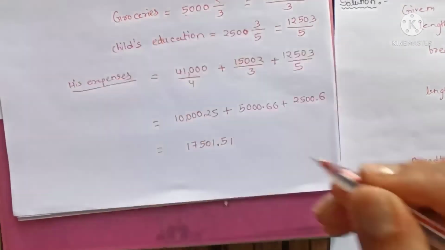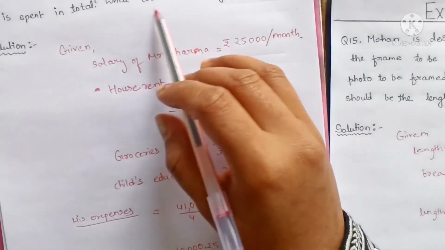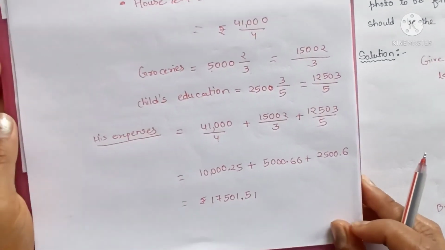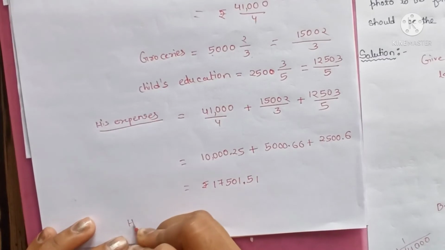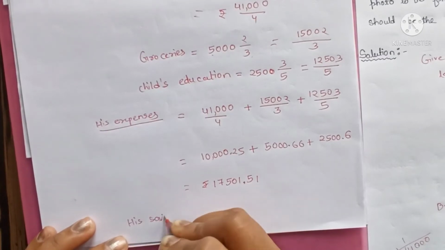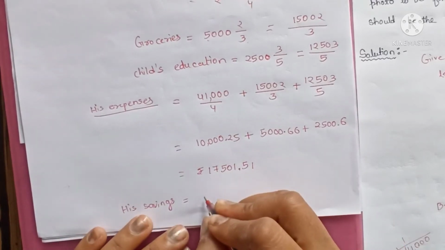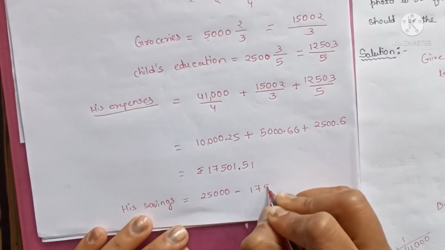Okay. So one more question is asked here. What are his savings? That means after spending the money, how much money is he saving per month? So these are his expenses. To find out his savings, what will we do? We'll subtract his expenses from the total salary, isn't it?